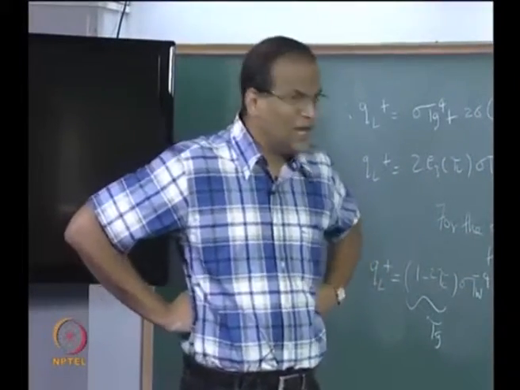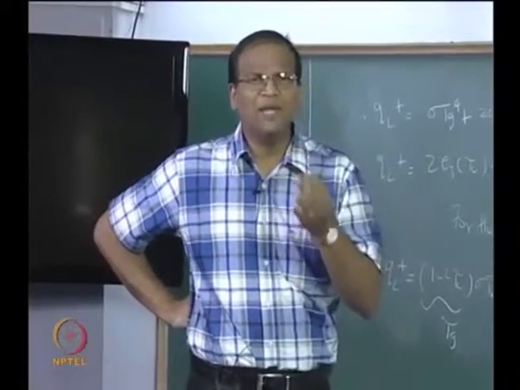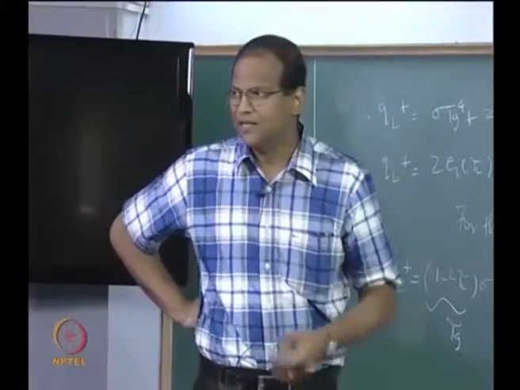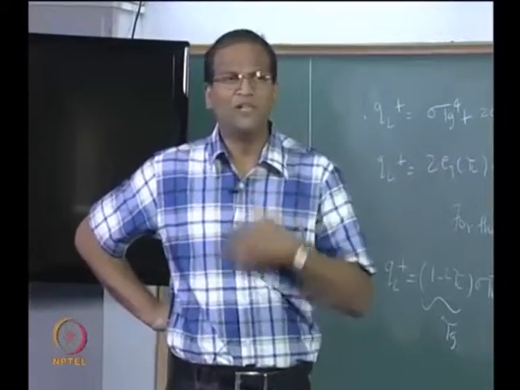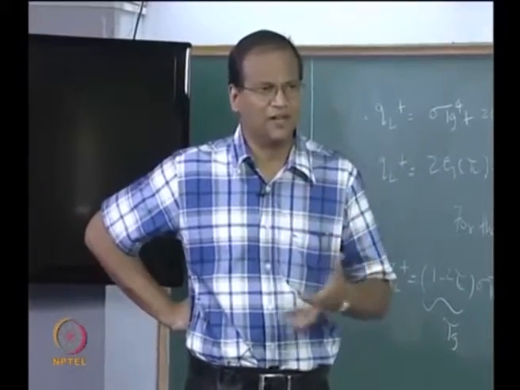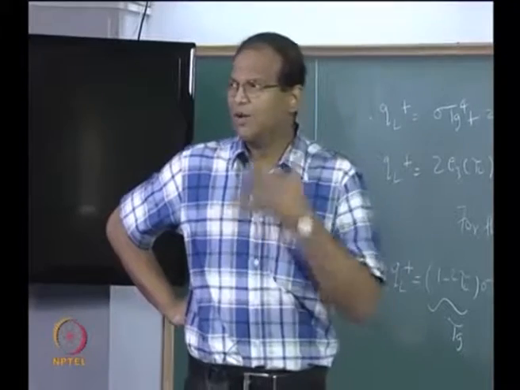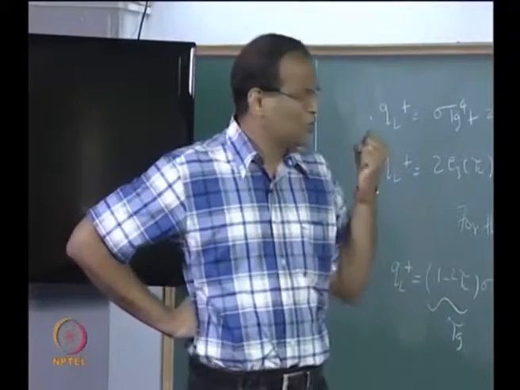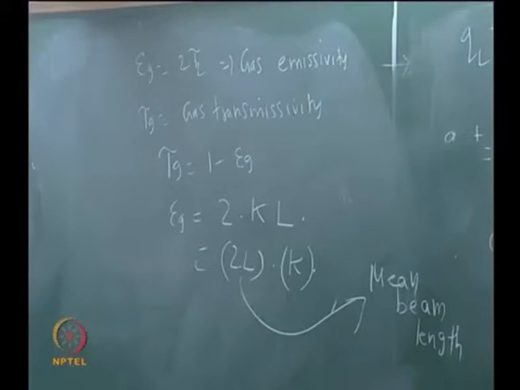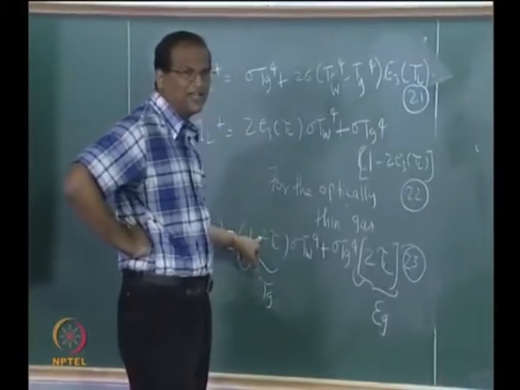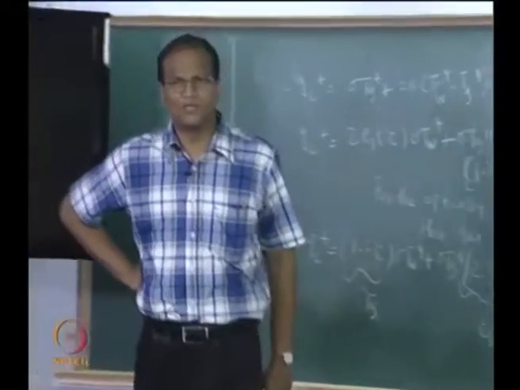So this 2L is the mean beam length for a plane gas layer. This mean beam length will change for a cylinder, for a sphere, and so on. If you are able to calculate the mean beam length, and you also know the kappa, you have a handle: you can calculate the equivalent gas emissivity, and then from it use this relation to calculate the gas absorptivity, and proceed further.